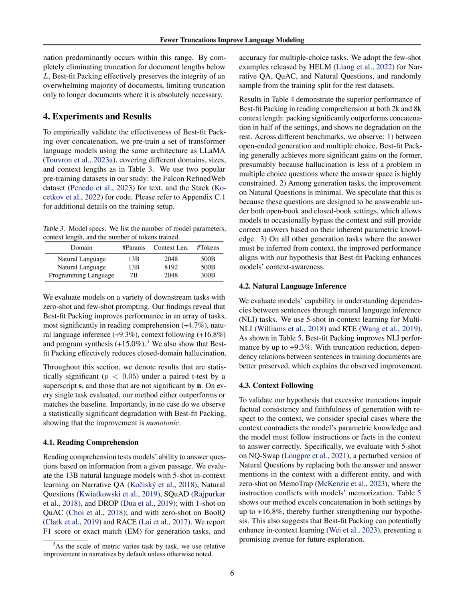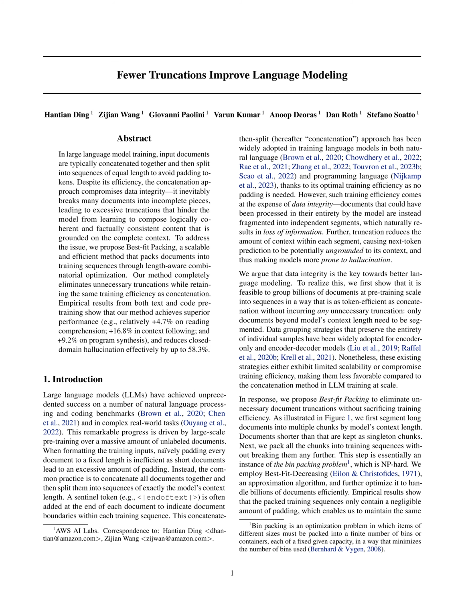The experiments reveal that best fit packing improves reading comprehension by up to +4.7%, natural language inference by up to +9.3%, context following by up to +1.6%, and program synthesis by up to +15.0%. Additionally, best fit packing effectively reduces closed domain hallucination in the models.